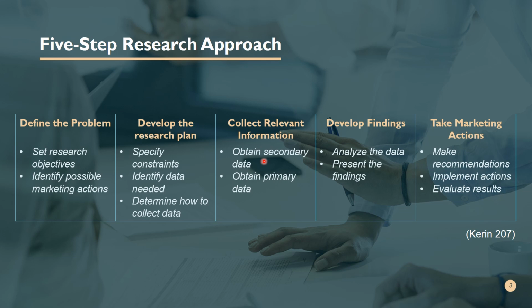With that information, you can look things up from the Census Bureau. There are a lot of different places you can go with outside resources so that you can develop findings for more of a descriptive type objective.